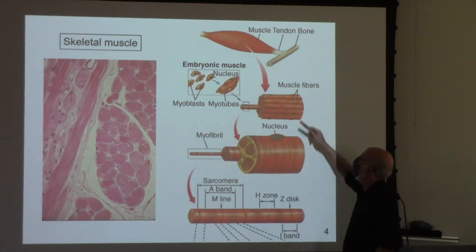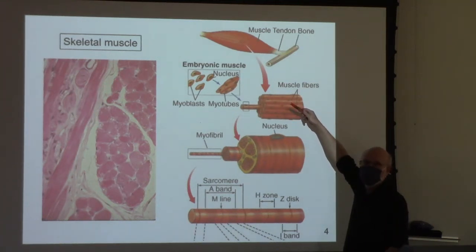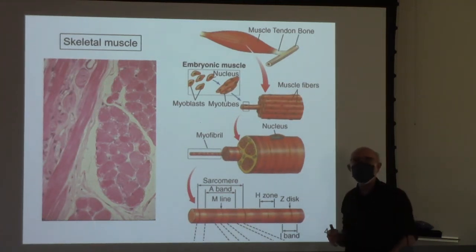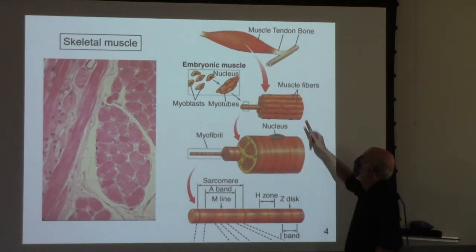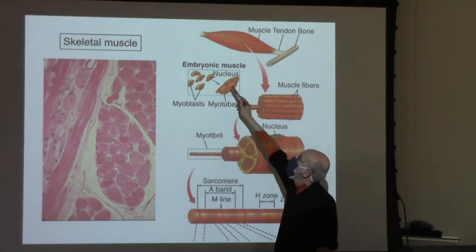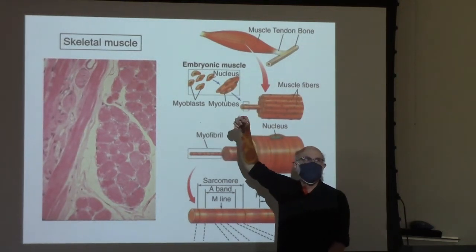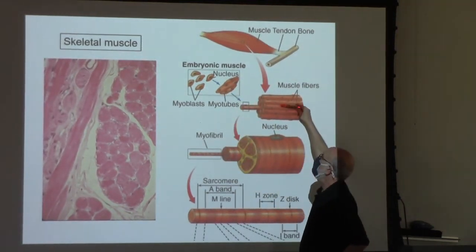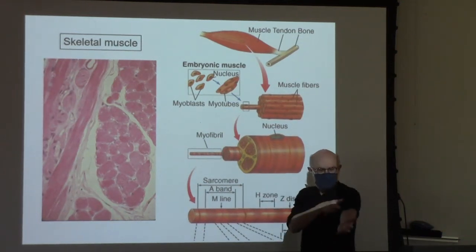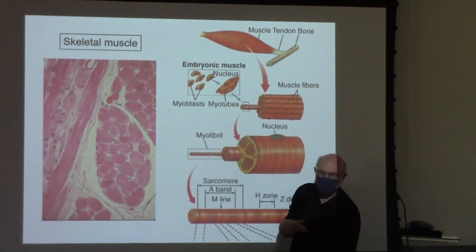The muscles are made up of muscle fibers. Muscle fibers are the cells, the adult cells of the muscle. In embryological development, muscle fibers are big, long cells. I mean, they can be inches long, feet long.